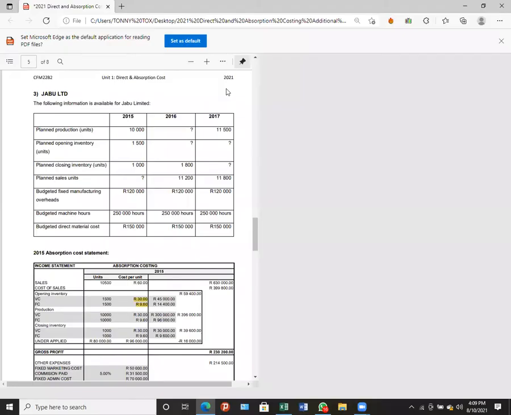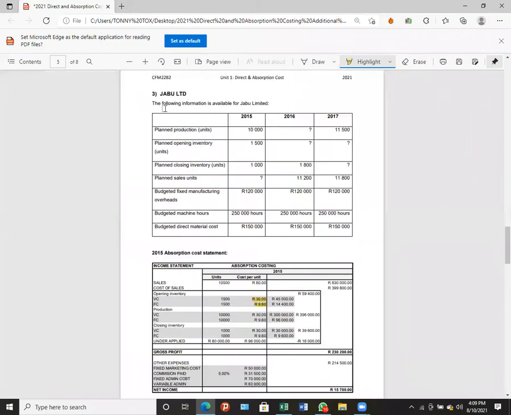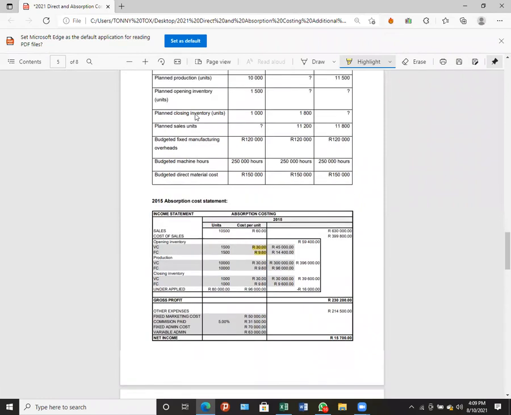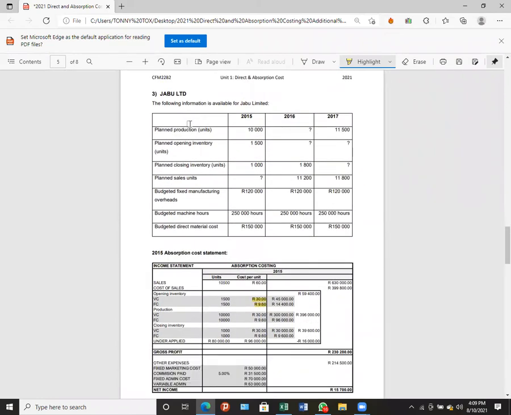Here, guys, we have been provided with information from Jawu Ltd. We have been provided with a table showing the plant production in units for 2015, 2016, 2017.